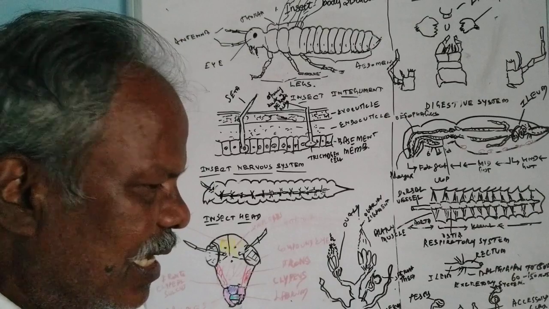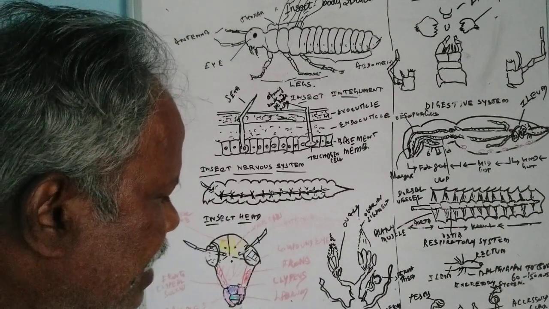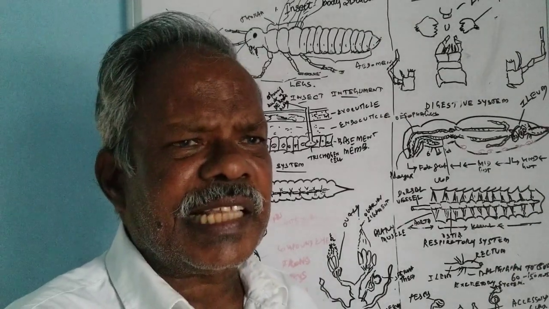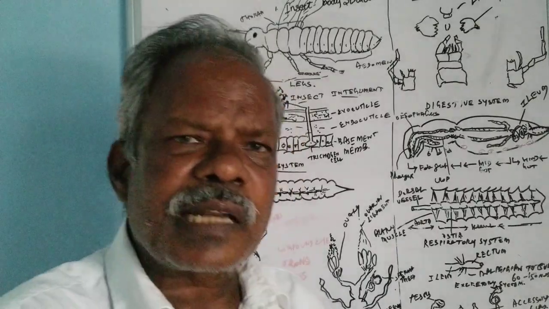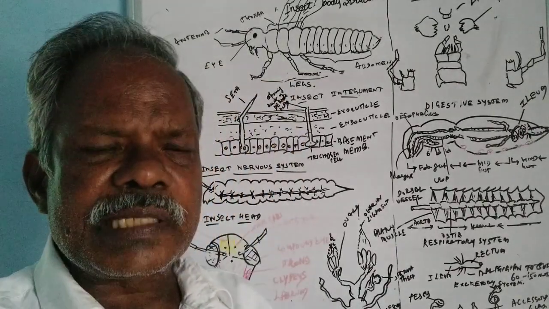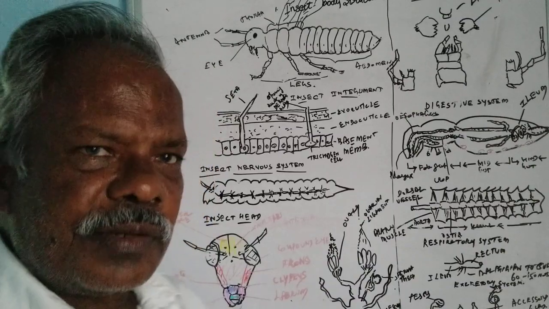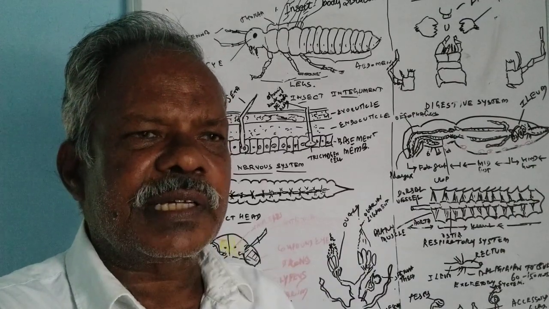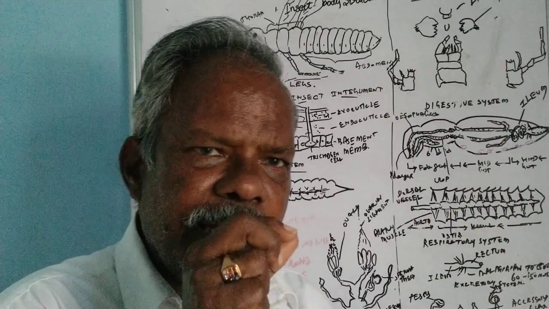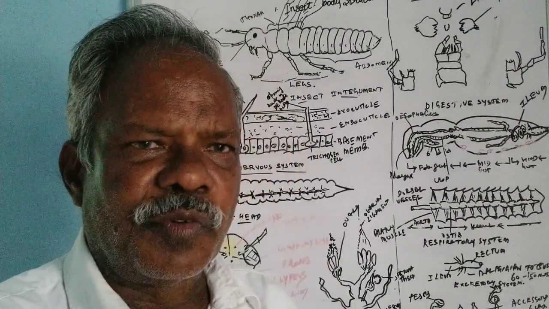As regards the ovary in insects, 3 types of ovaries are there, made of ovarioles. The ovariole is the unit of forming the ovum.